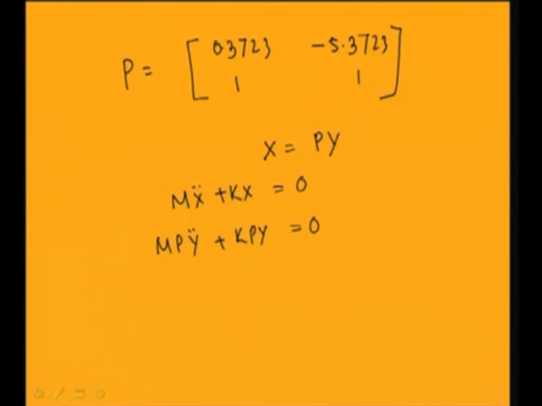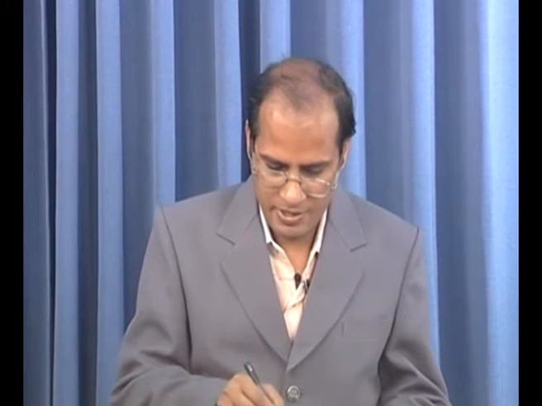Now pre-multiplying by P transpose, I can write P transpose m P y double dot plus P transpose k P y equal to 0. Let us find P transpose mP and P transpose kP. Already you know from the orthogonality property of the modes that P dash mP and P dash kP are diagonal matrices.